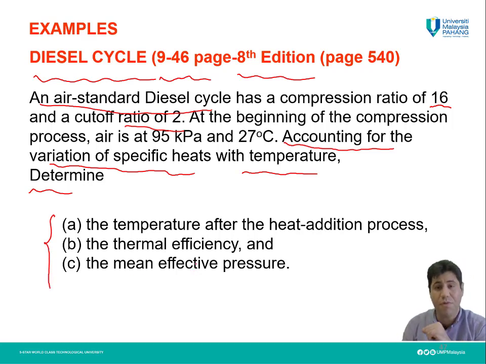If you remember, I told you that you need to know the diesel cycle in TS and PV diagram, and it is very important here to solve such an example actually.